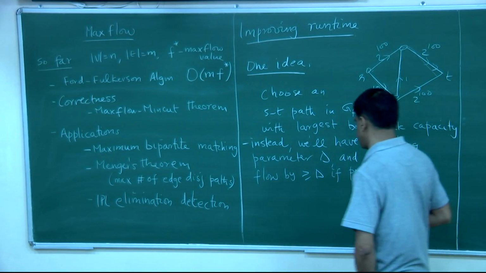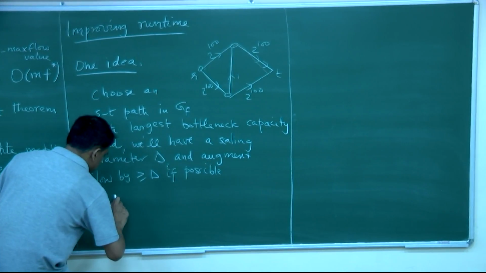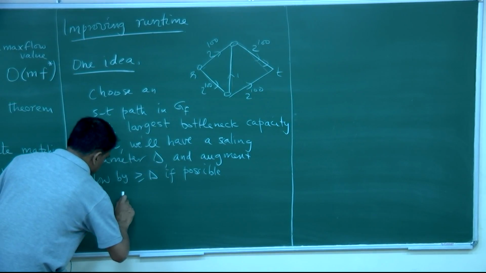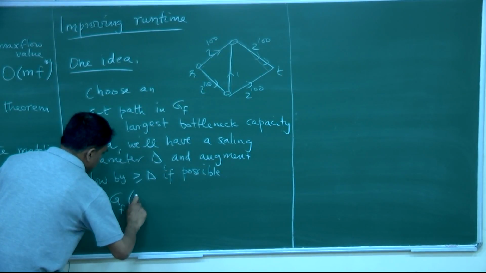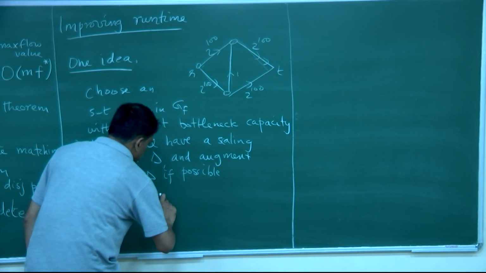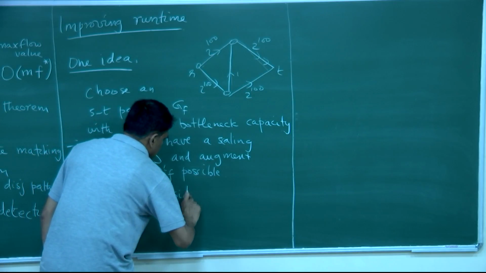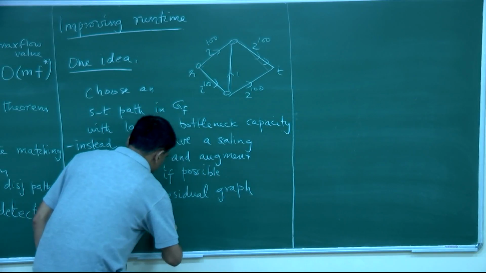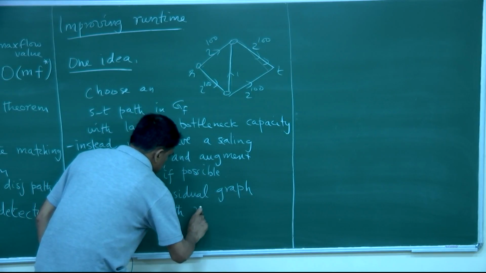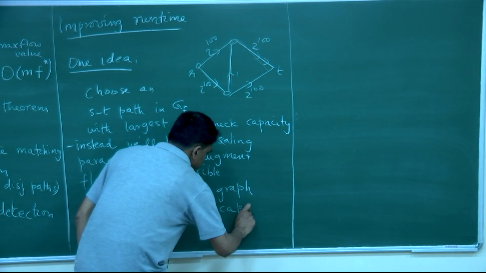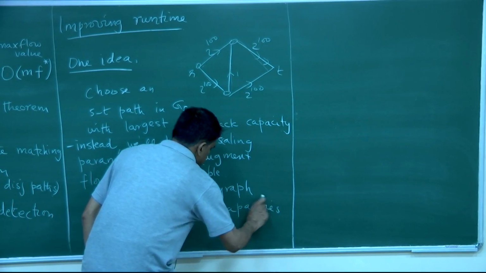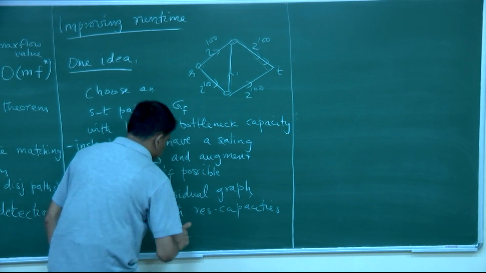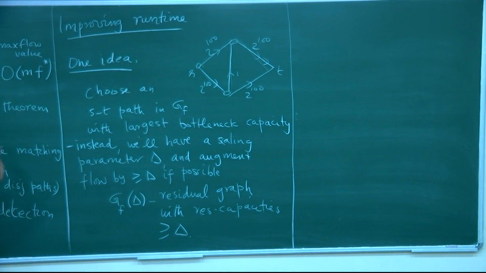Let's define the residual graph: you have a flow F and the capacity, and the parameter delta, and the graph with residual capacities greater than or equal to delta. Delta is some parameter; we'll figure out how to choose that.